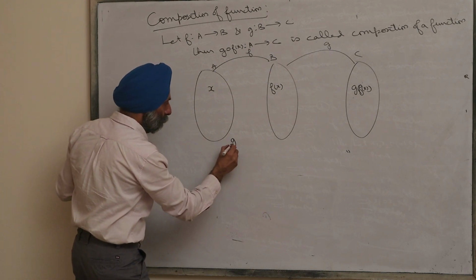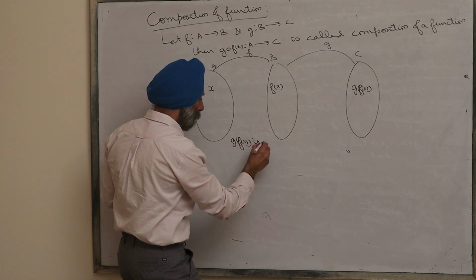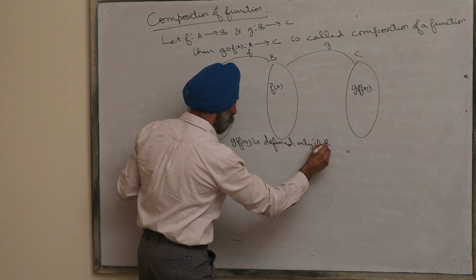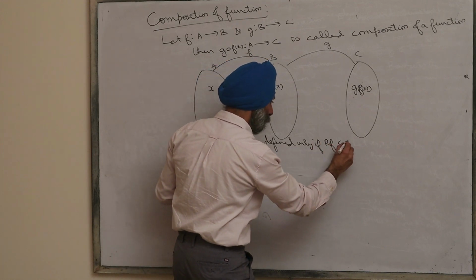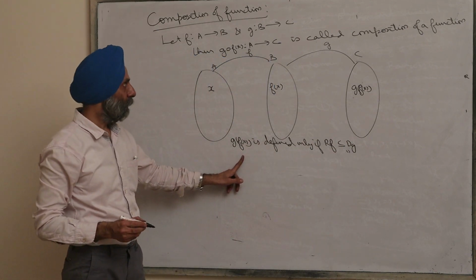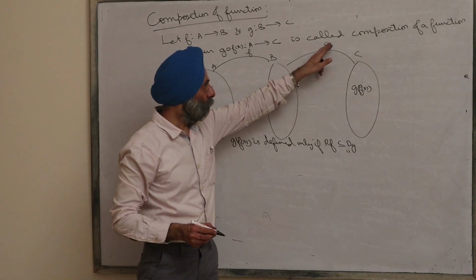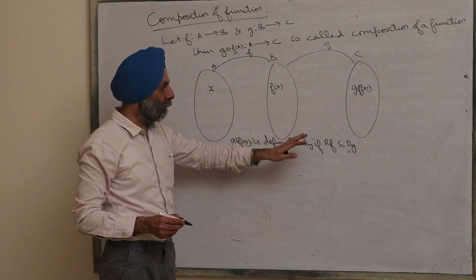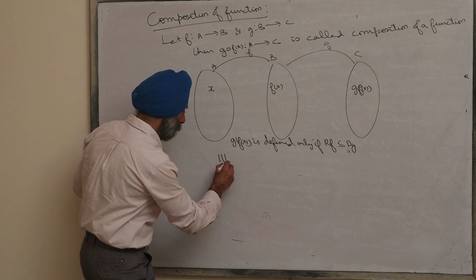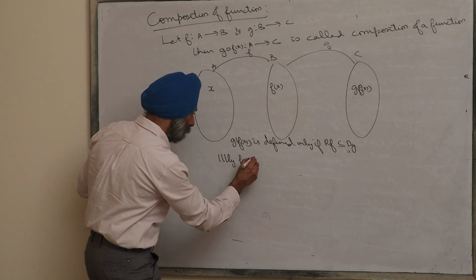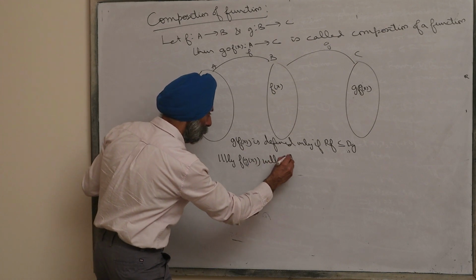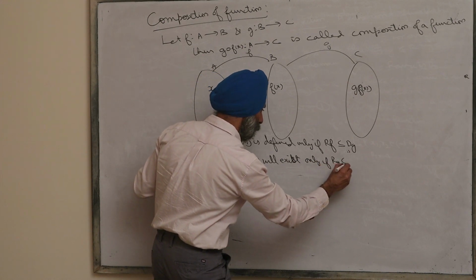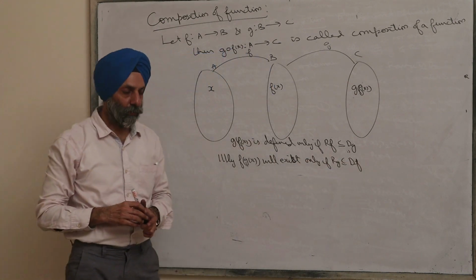So g(f(x)) is defined only if the range of f is a subset of the domain of g. Only then will g(f(x)) exist. Similarly, f(g(x)) will exist only if the range of g is a subset of the domain of f here.